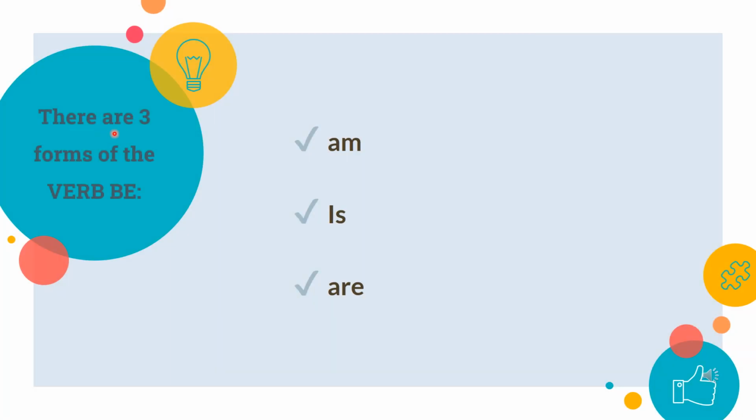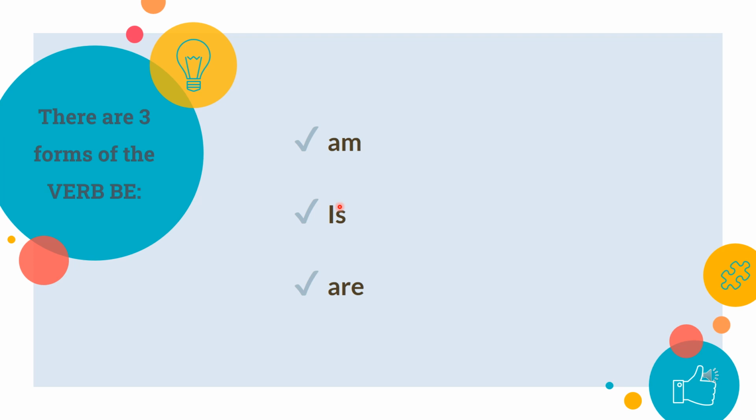There are three forms of the verb be. First, we have am. We use am only with the first person singular, that is I. Then we have is. Is we only use with the third person singular, which are he, she, and it.